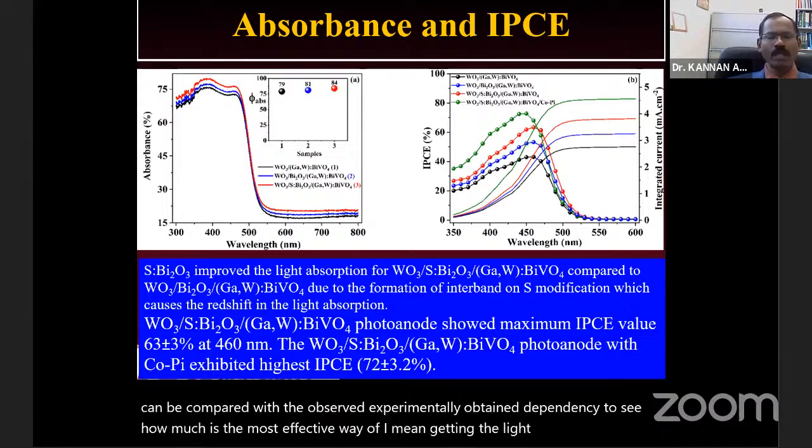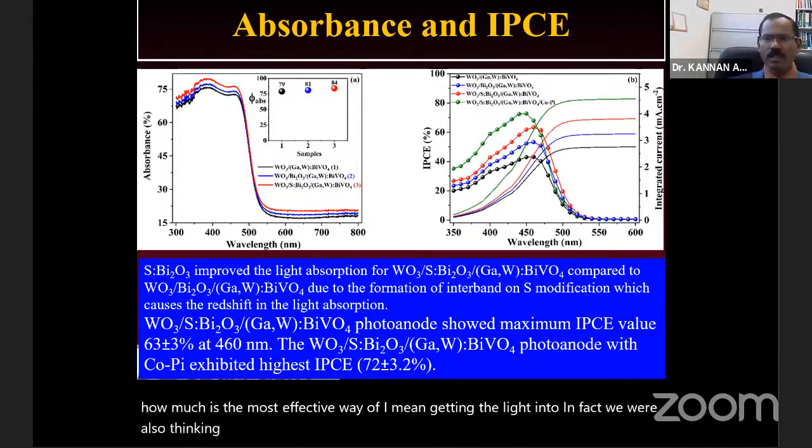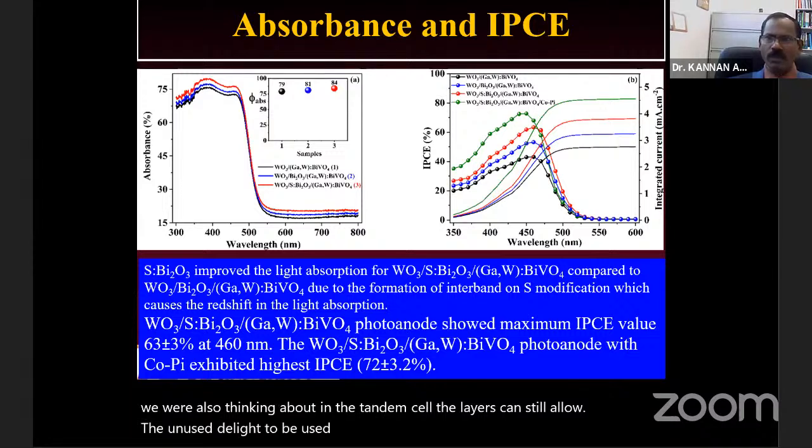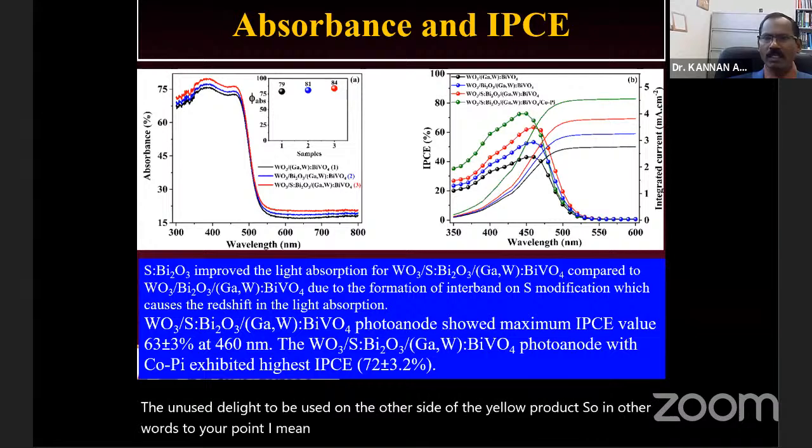In fact, we were also thinking about the tandem cell, where the layers can still allow the unused light to be used on the other side of the electrode. So in other words, to your point, the light utilization or light absorption goes into the depth or bulk of the electrode as well.